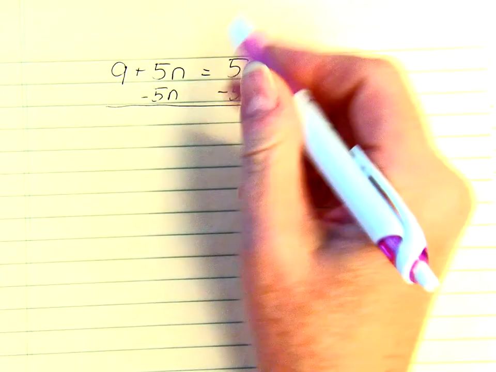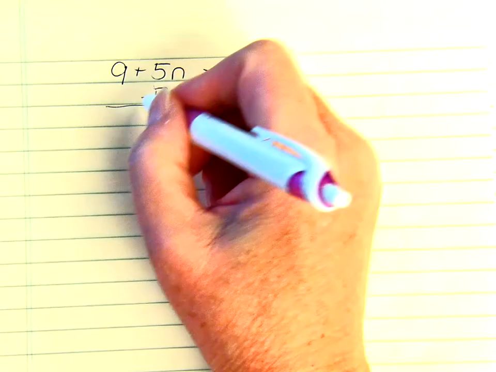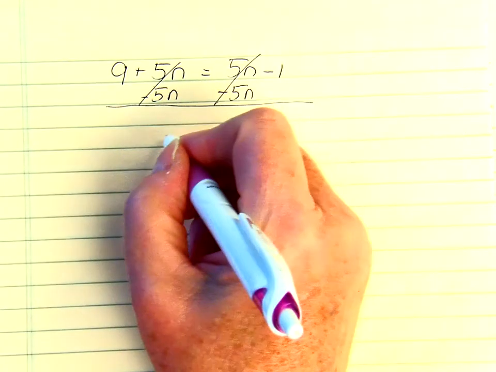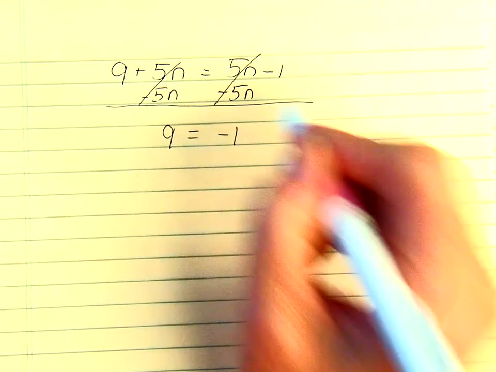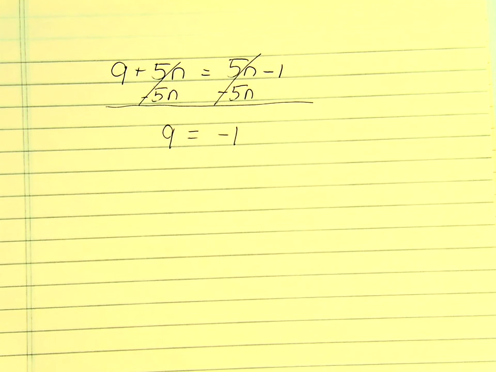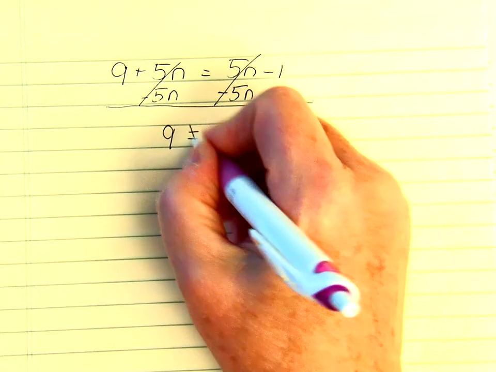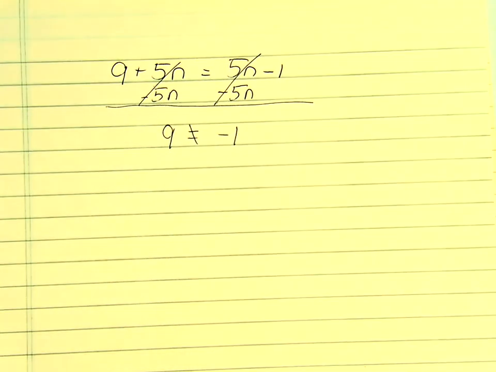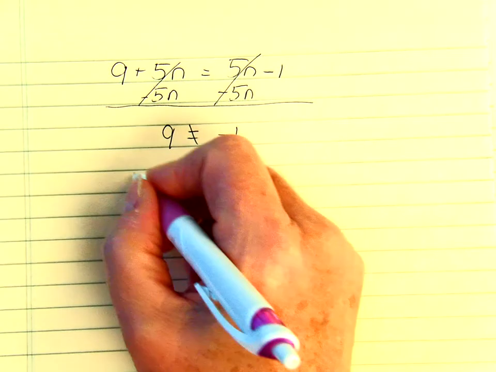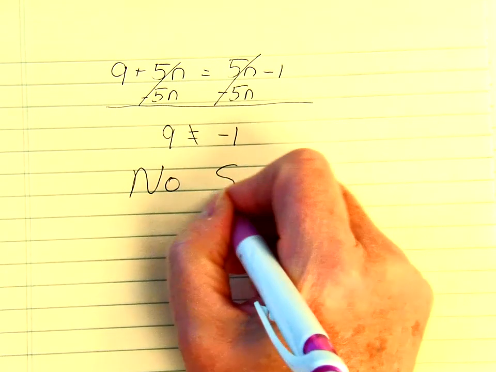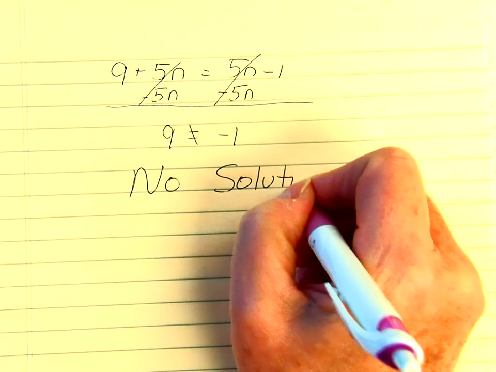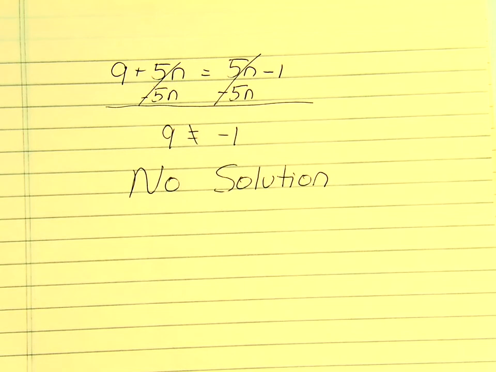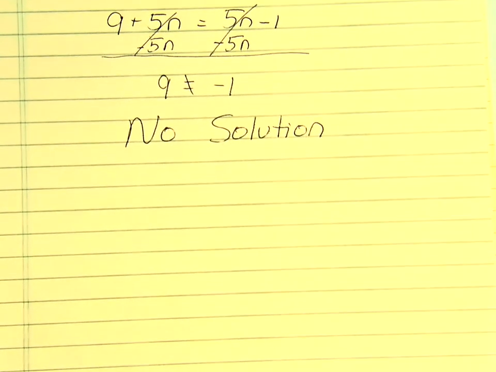What is going to happen is on both sides, this is going to zero out. So we're left with 9 equals negative 1. You know what? 9 doesn't equal negative 1. So problems like this are called no solution. So look for problems that may have no solution.